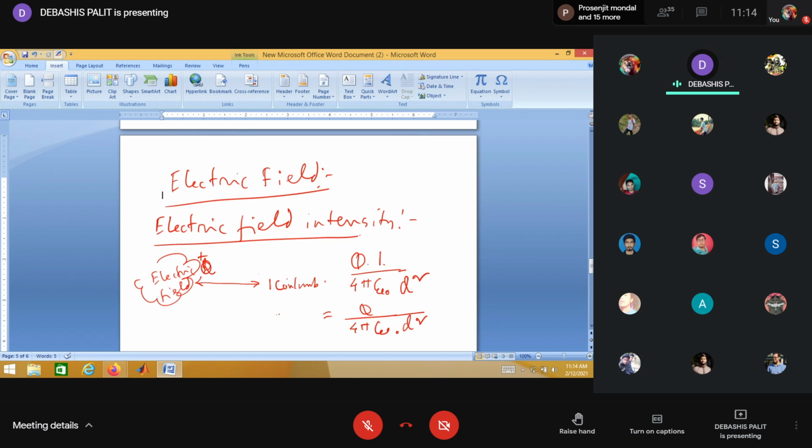So force acting on Q coulomb, that is force acting on unit positive charge.